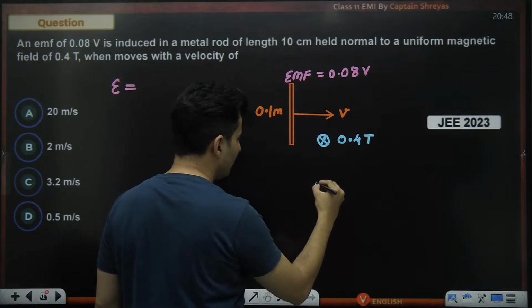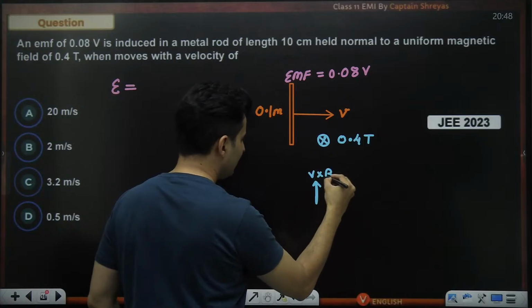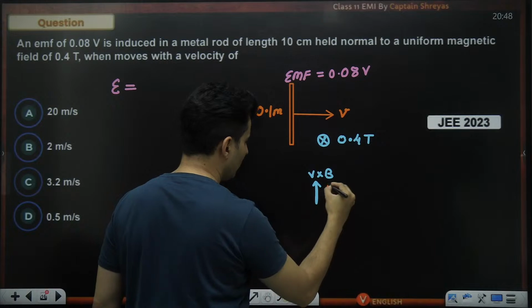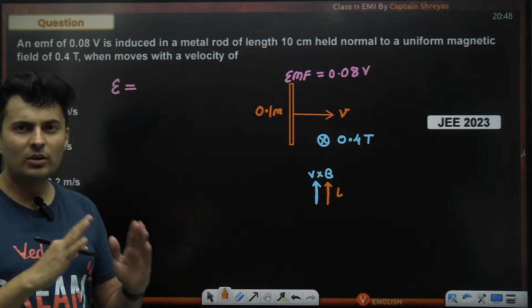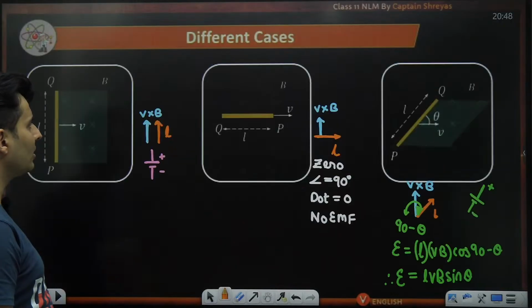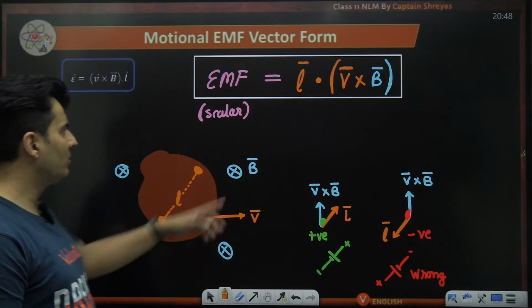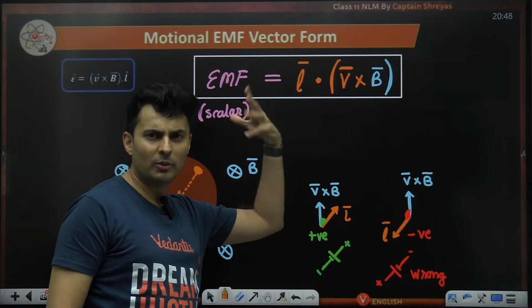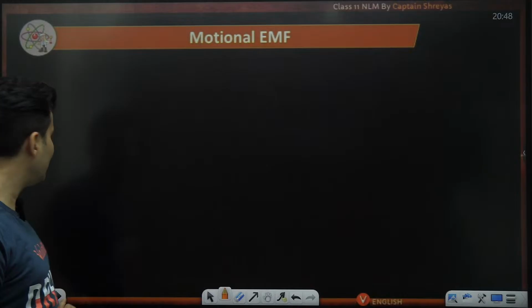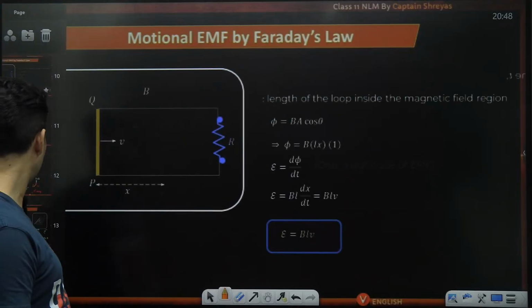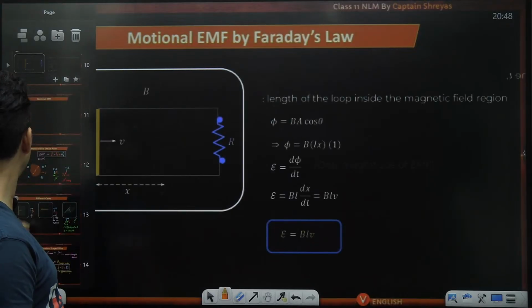So V cross B will be like this, and the length vector will also be like this. So there is no angle between them. So when you do the dot product for L dot V cross B, the cos 0 will become 1. So it will just simply become BLV then. You don't have to do anything.